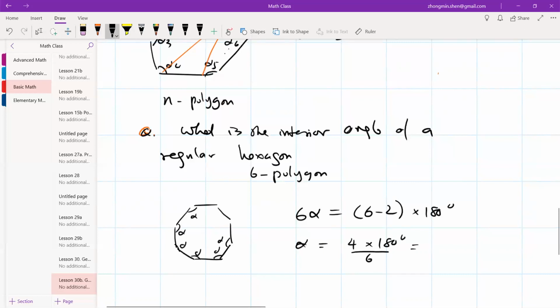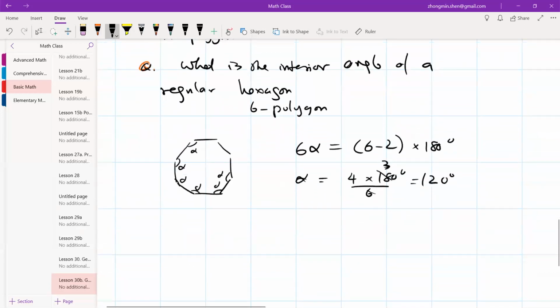So let's figure out what alpha is. 18 divided by 6 is 3. 3 times 4 is 12, so 120 degrees.